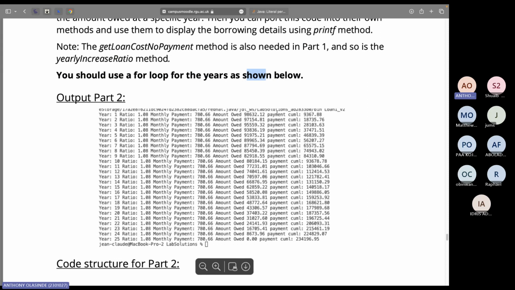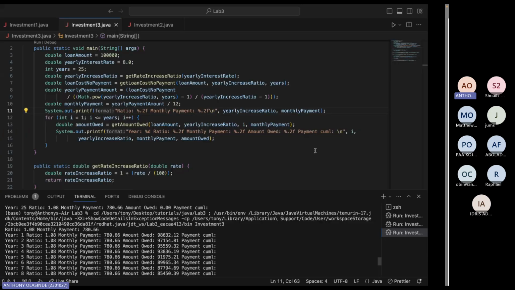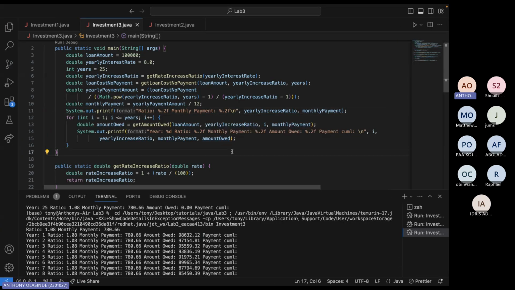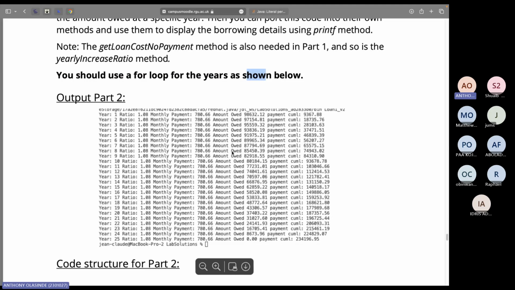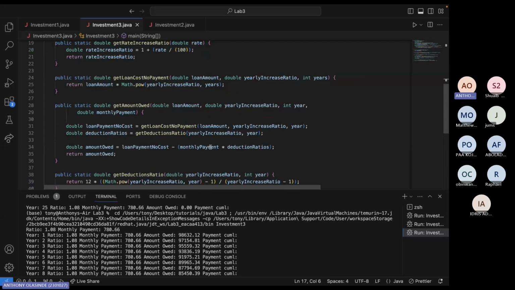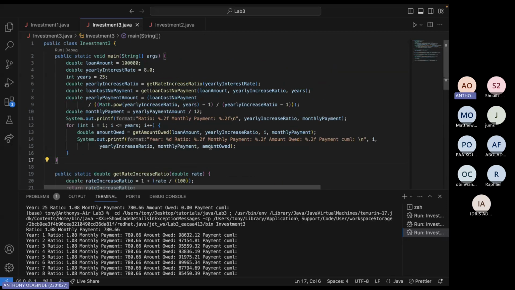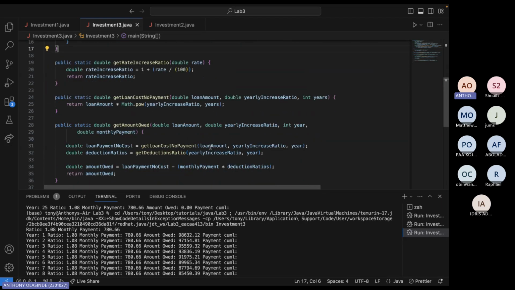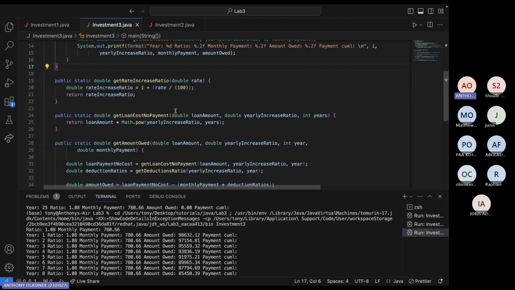98,632.12. So we need to figure out what this is. This is the accumulation of the amount that has been paid by the year. Yeah, that will be this, but this is loan.